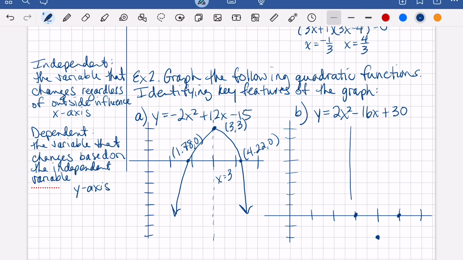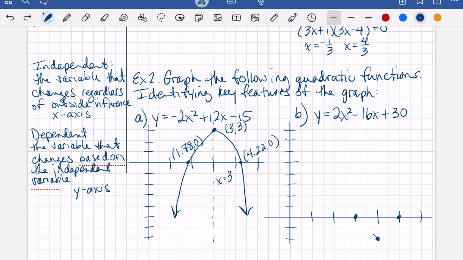Again, I'm not going to graph the y-intercept because that's quite high up there. So there are my key features, and then I label them.